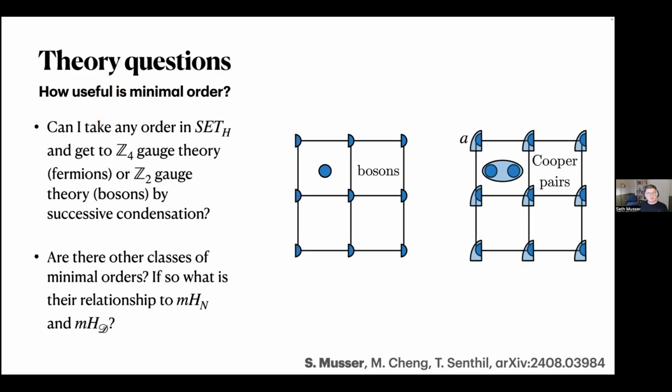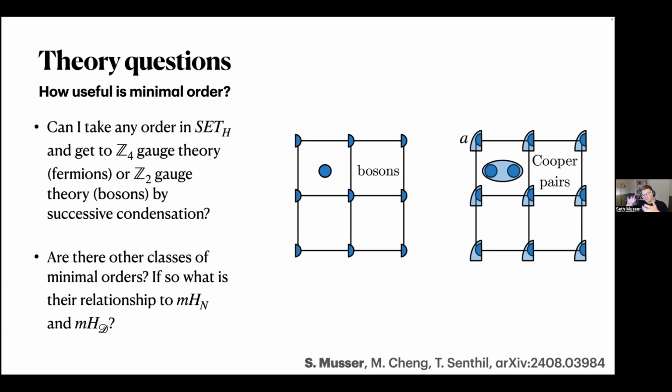I have some theory questions about whether minimal order is more than just a tool. So there's some theoretical question. Could I take any order in SET sub H and condense some of the bosons? So say I have some very large order, and maybe this order is secretly Z4 gauge theory times some order that's uncharged under the symmetry.